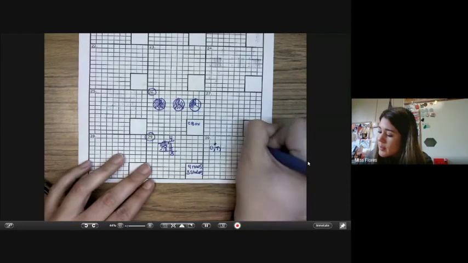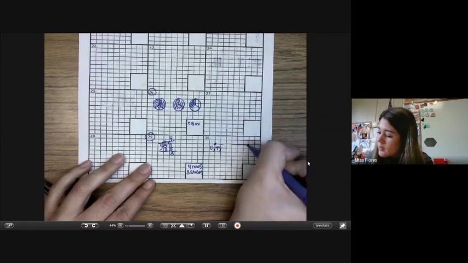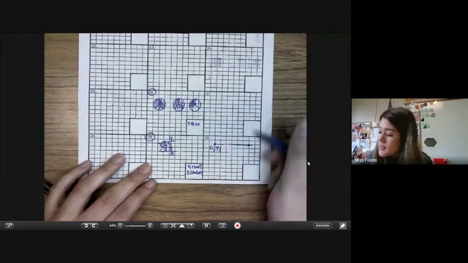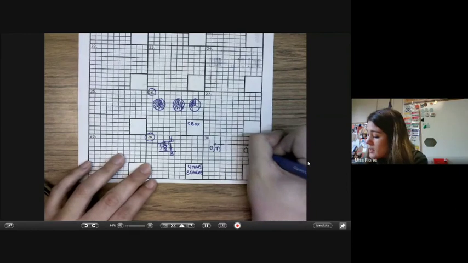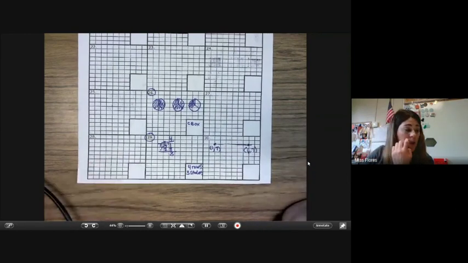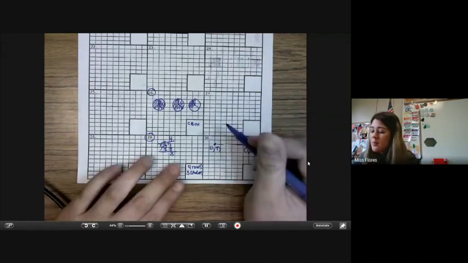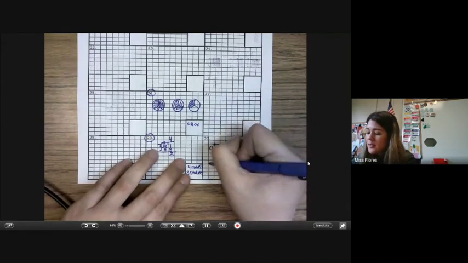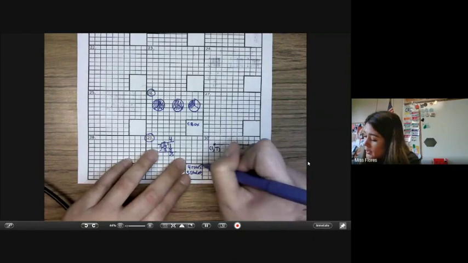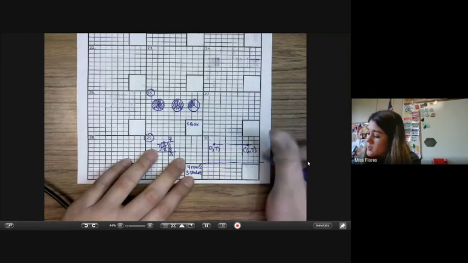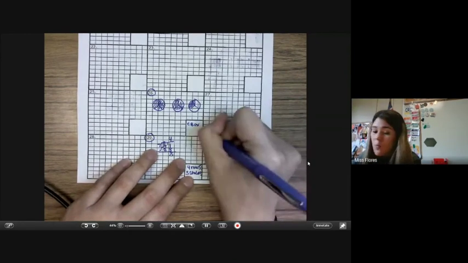So the other dot is about right here, and that coordinate is 6, 7. So I'm just writing the exact coordinates down that you get in your book. And it also has the y and x-axis. So this is my x-axis and this is my y-axis.